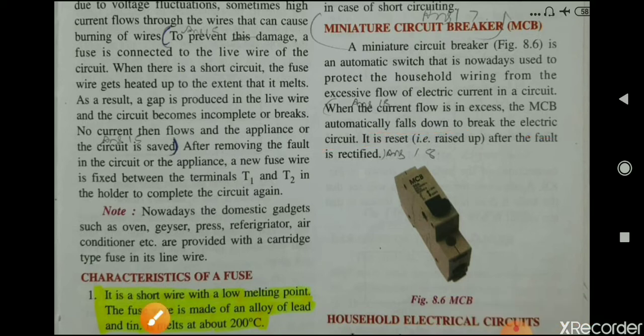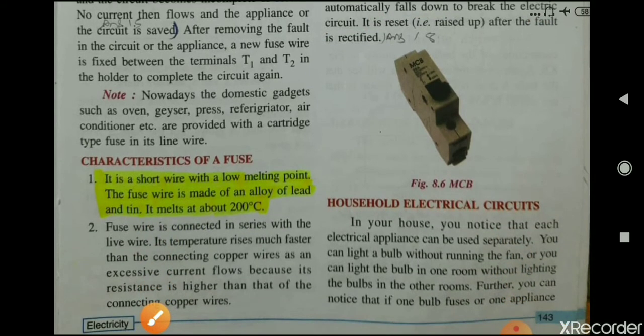Okay, now household electrical circuits. In your house, you notice that each electrical appliance is used separately. You can light a bulb without running the fan. You can light the bulb in a room without lighting the bulbs in the other rooms, and so on.